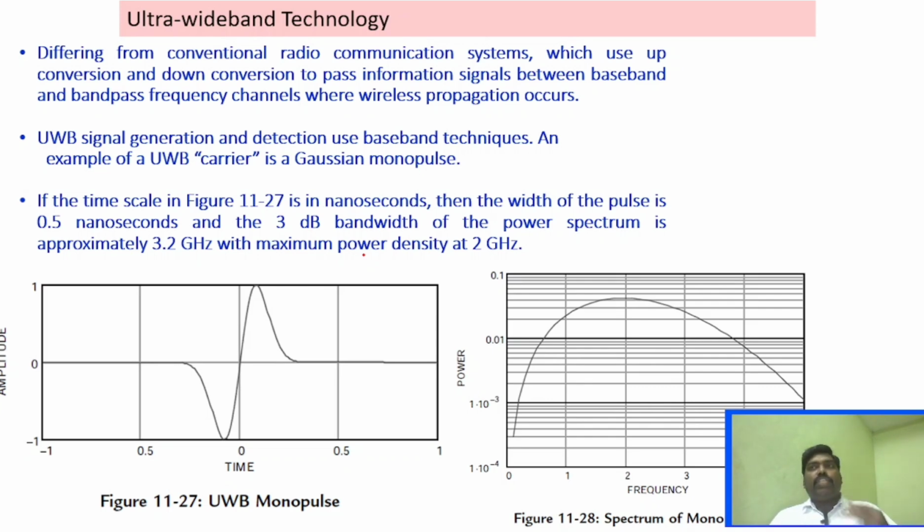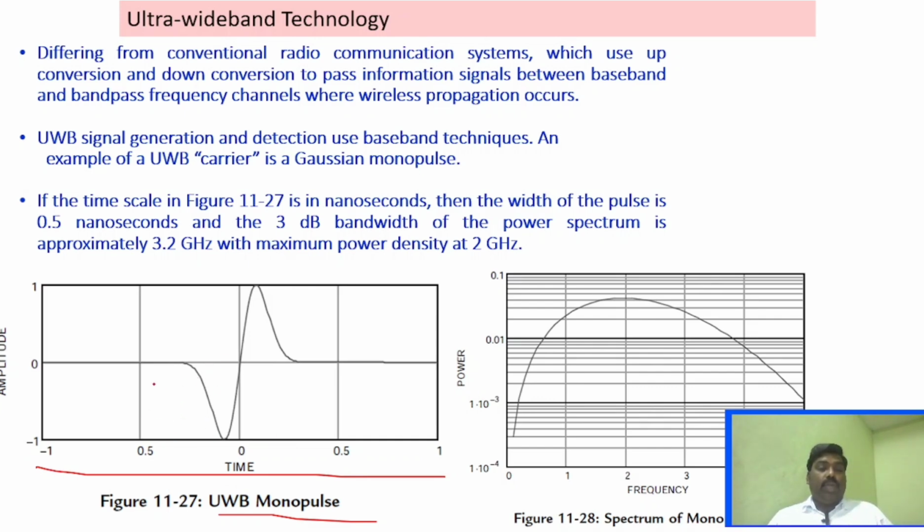In this baseband technique, you will generate a sequence of pulses at very short intervals, and there should be some variation between those pulses to identify zeros and ones. This is a good example of how a UWB monopulse will look, a Gaussian monopulse, we say. Say for example, if this is considered as nanoseconds, the width of this pulse is 0.5 seconds.